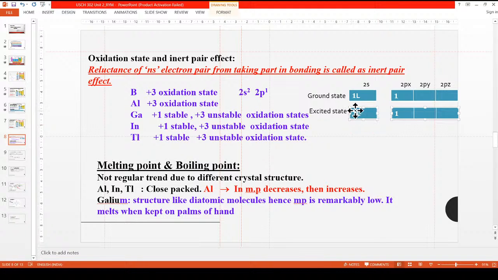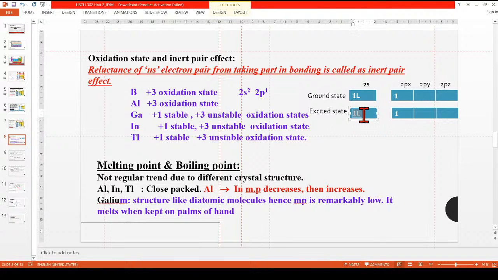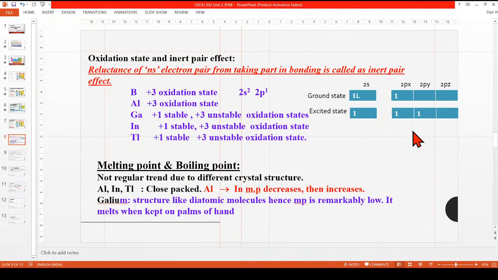Of these two electrons, one electron will be excited from 2s and will go into the 2p orbital, and hence three unpaired electrons are there. So when there is bonding, it will go to the +3 oxidation state. This is how it shows the +3 oxidation state.